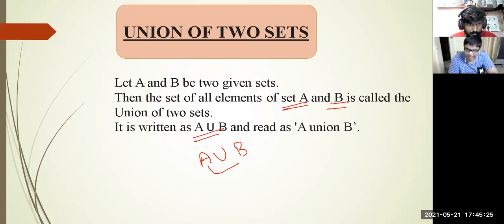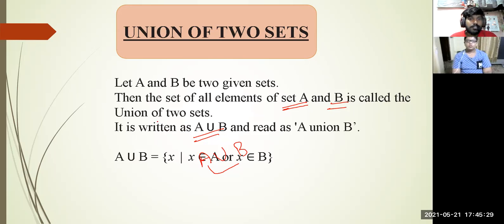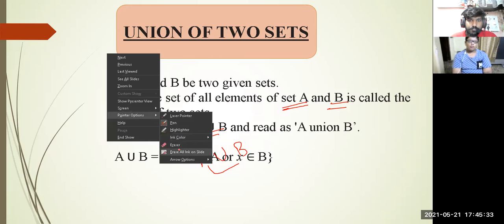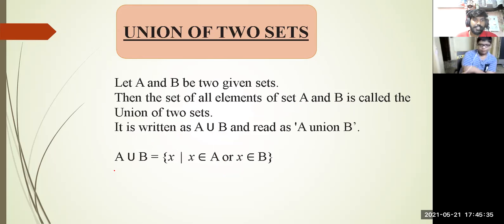Yes, sir. Okay. So in set builder form, union is written like this: A union B is the set of all x such that x belongs to A or x belongs to B. That means you take all the elements from A and B and put them together.